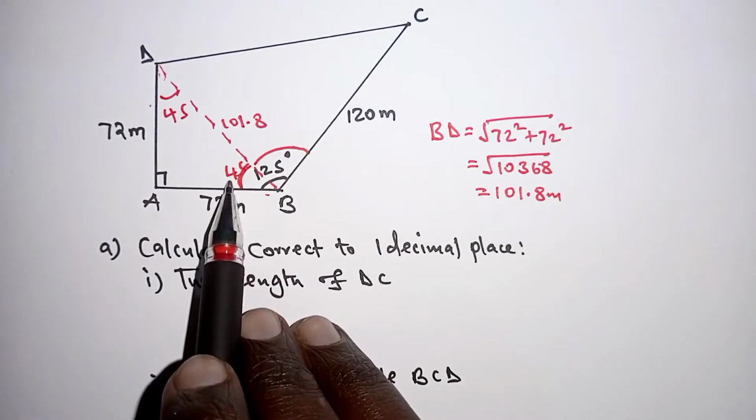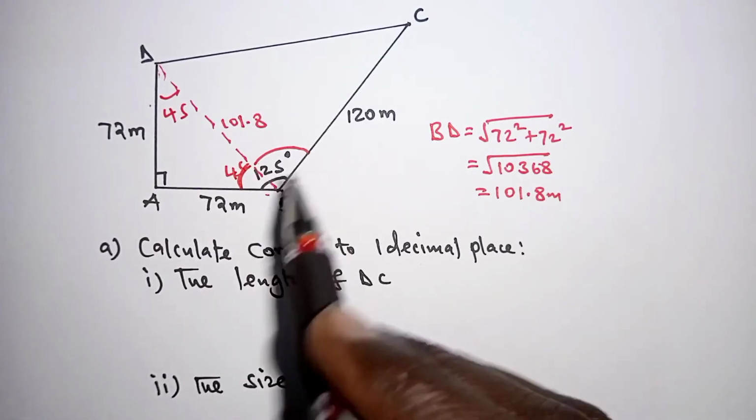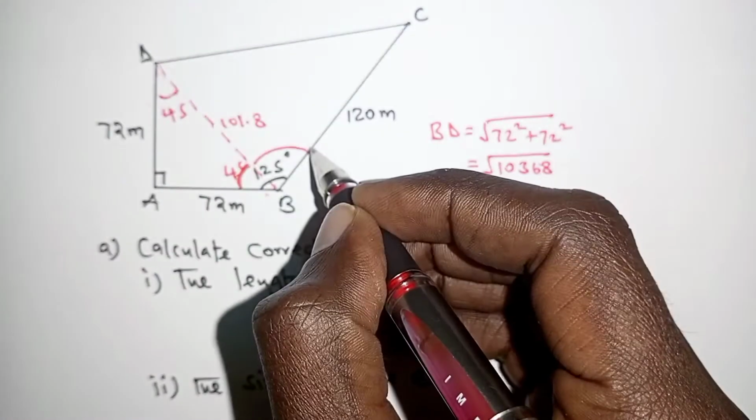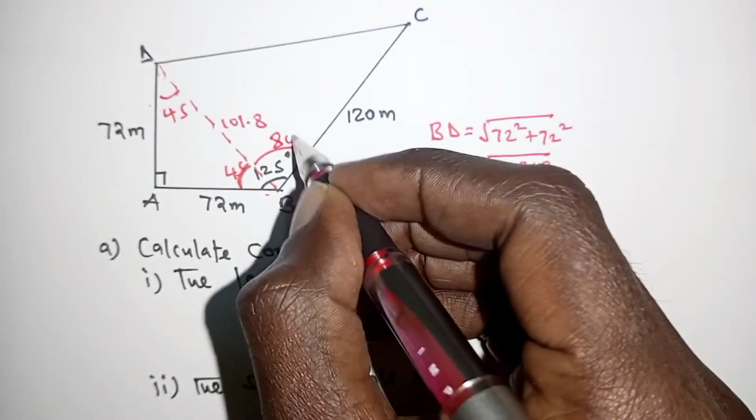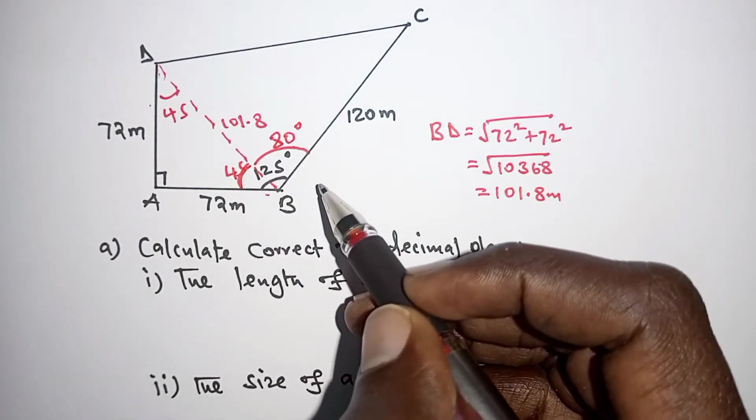So if the angle here is 45 and the whole of this angle is 125, that means what remains here is 80 degrees. That is 125 minus 45.